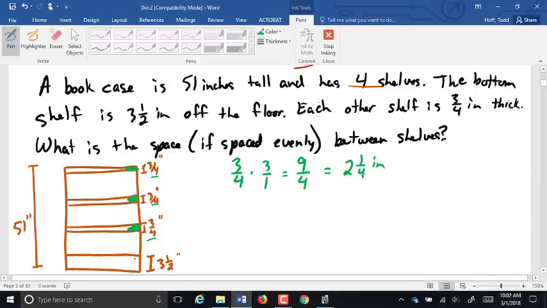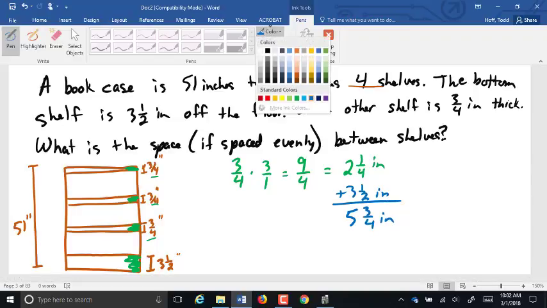The next thing I need is this space down here to the top of that bottom shelf. So now I'm going to add that 3.5 inches to my 2 1/4. That's now 5 3/4 inches. So that's the amount that has been used up.